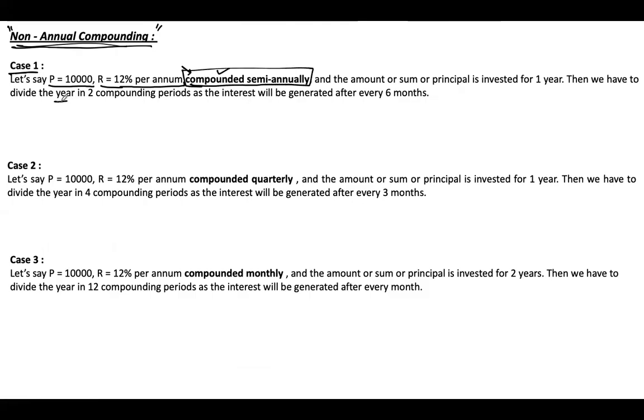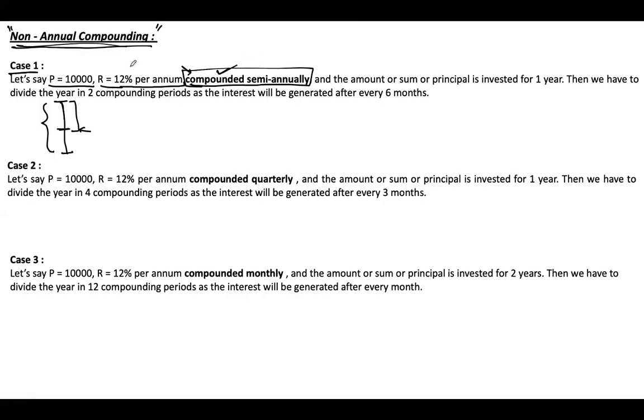That after every 6 months, the interest would be calculated, that in place of, let's say, 12 months, you are getting an interest after every 6 months. So will we be getting more amount or lesser amount? More amount, since the compounding is happening in a shorter period of time.